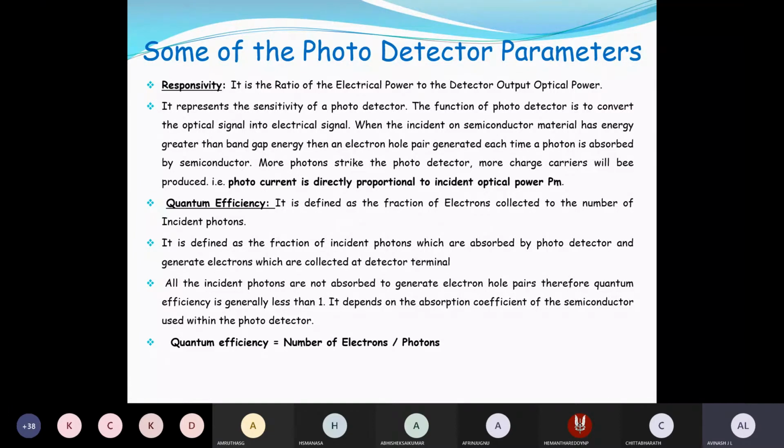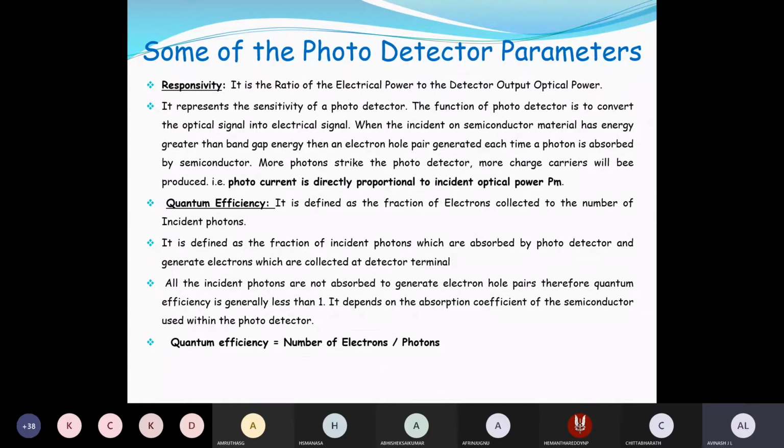Why? Because if the quantum efficiency were 1, that means 100%. If 100% of the photons have been imposed, 100% generation of electrons will not happen.